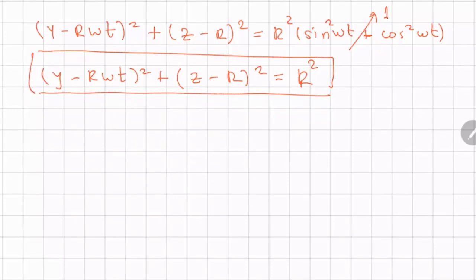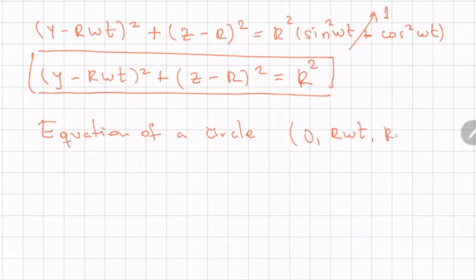This is an equation of a circle, with the center of this circle with these coordinates: the center at 0, rwt, r.